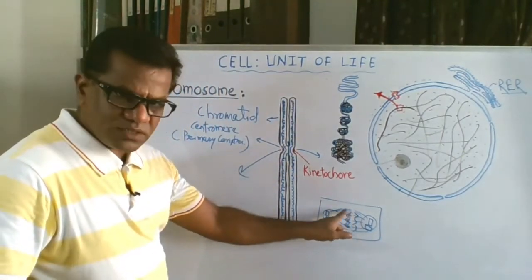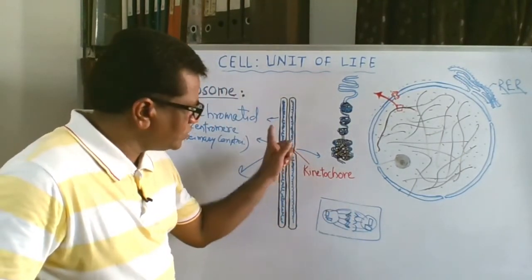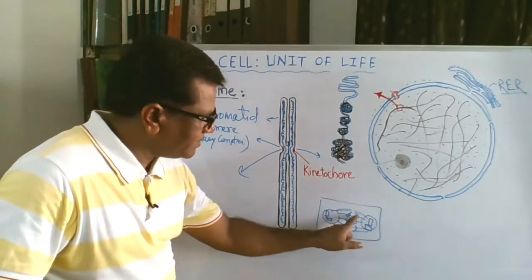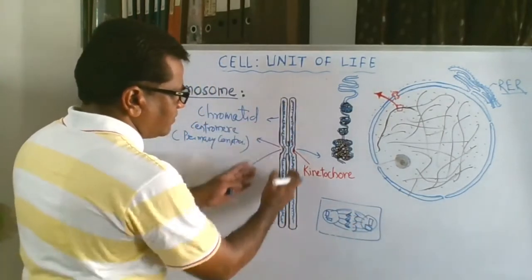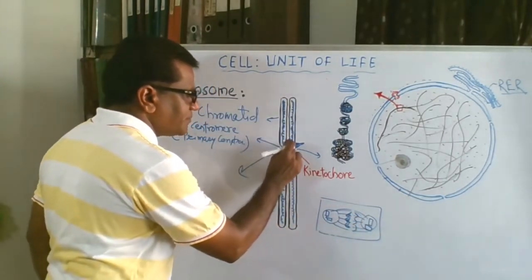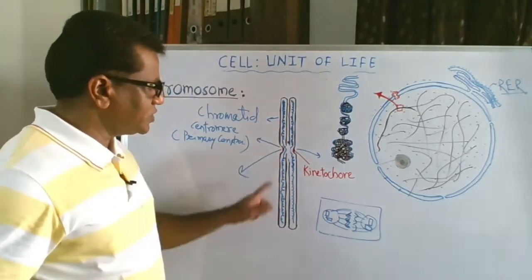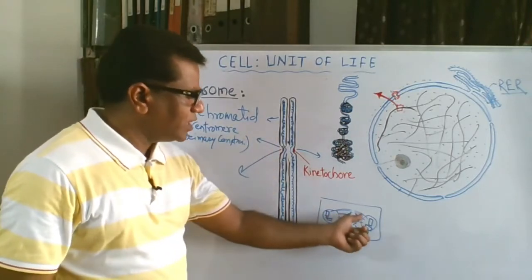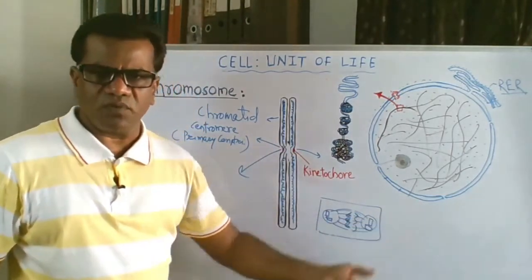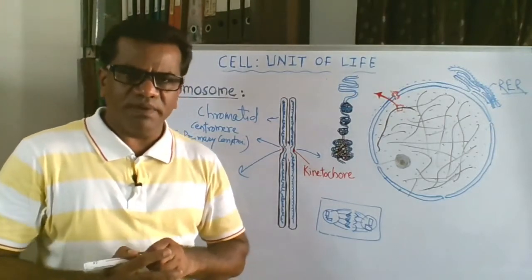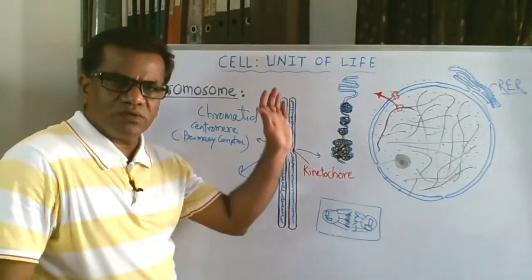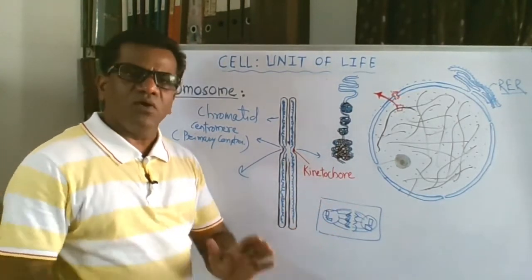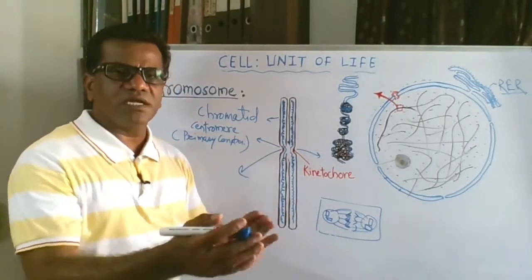So the sister chromatids, or two chromatids of each chromosome, one is pulled to this pole by the spindle fibers, another is pulled to the other. The chromosome undergoes splitting here at the center, at the centromere position, and one chromatid is pulled to one pole, another to the other pole. This happens at the metaphase of the cell division, when the chromosomes are arranged at the center. That is one divisional phase. We will discuss it in cell division separately.